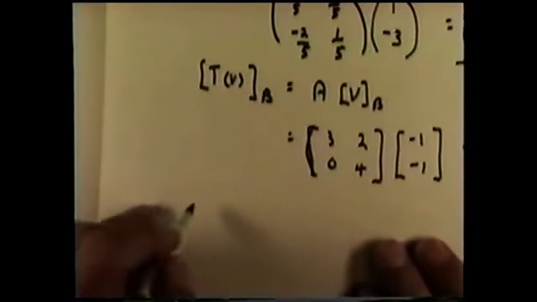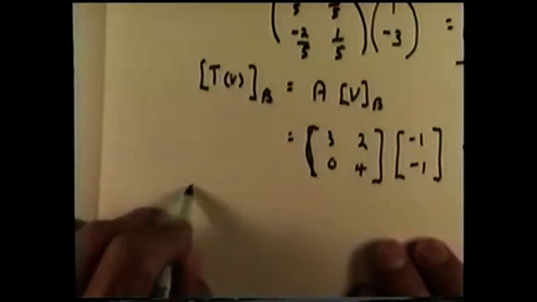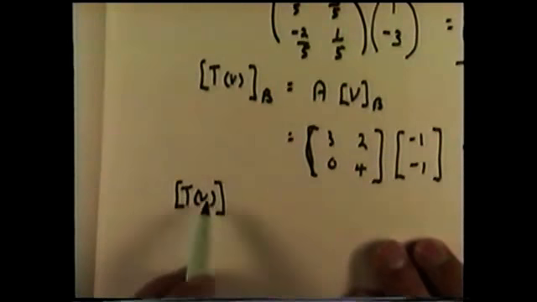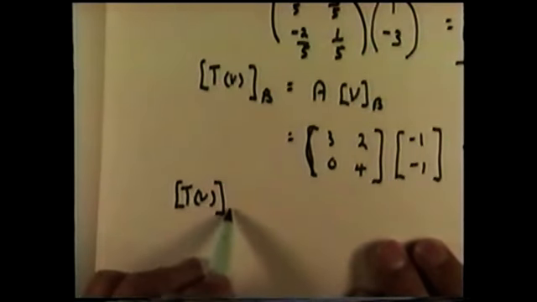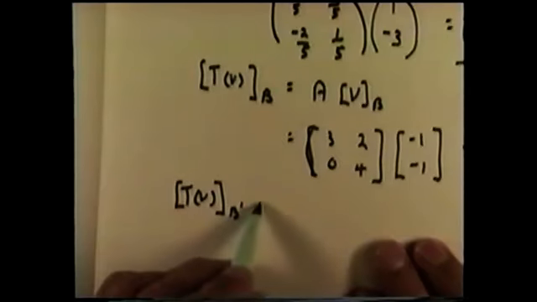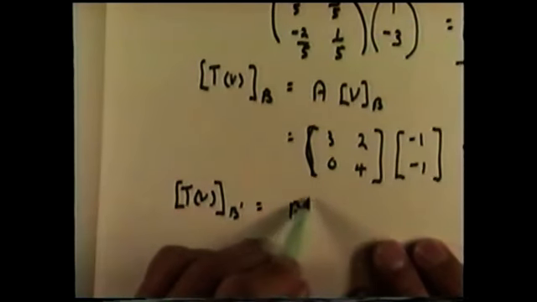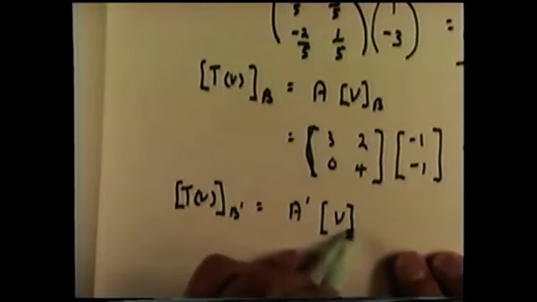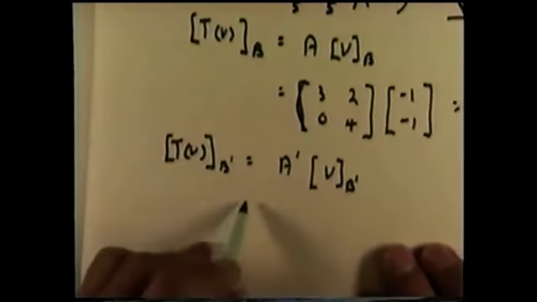If you look back, you'll see A prime, so what I'm going to do is, the coordinates of the image of T with respect to B prime is equal to A prime times the coordinates of V with respect to B prime.